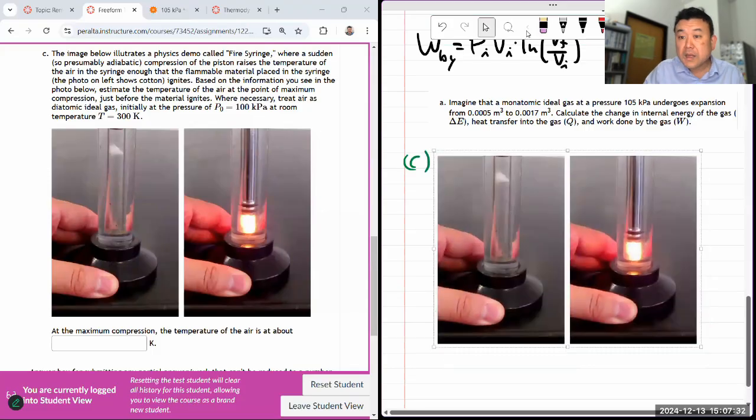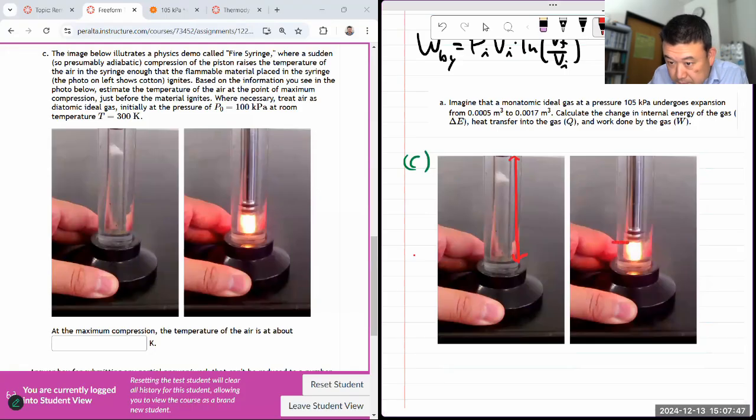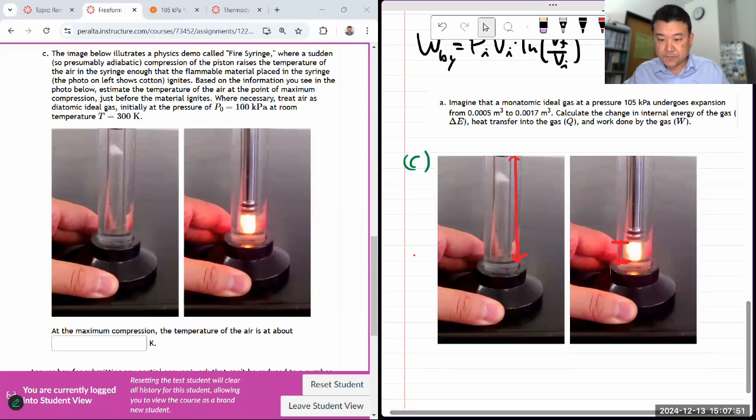I can use the ratio of the height of the column, I think, as the cross section probably remains constant. So let me get this as a measure of how high this final column here is. And I'm just going to copy and paste it in.